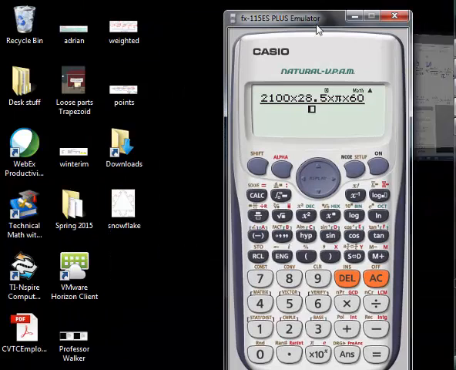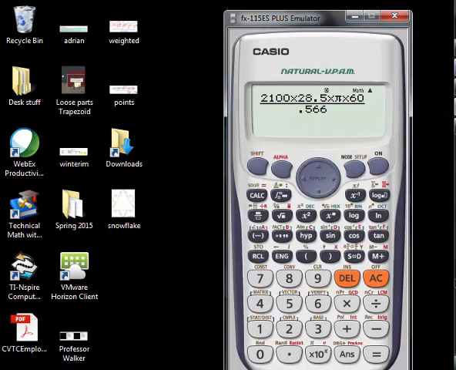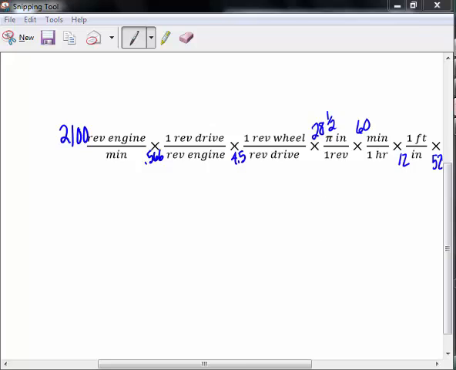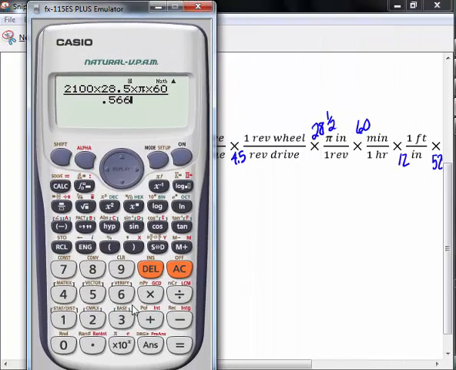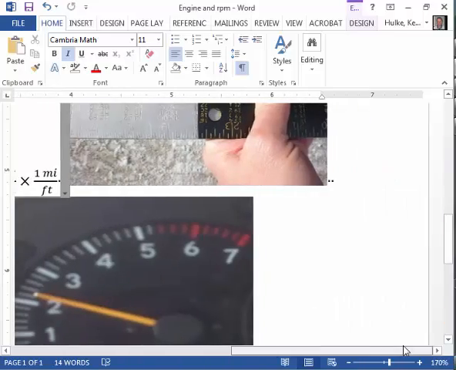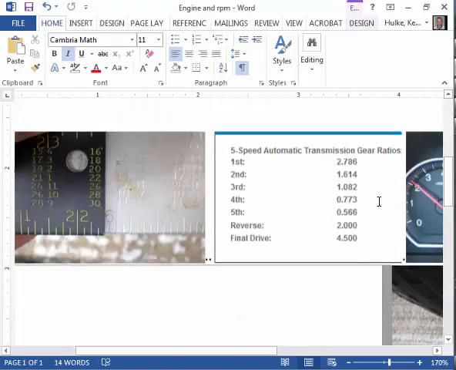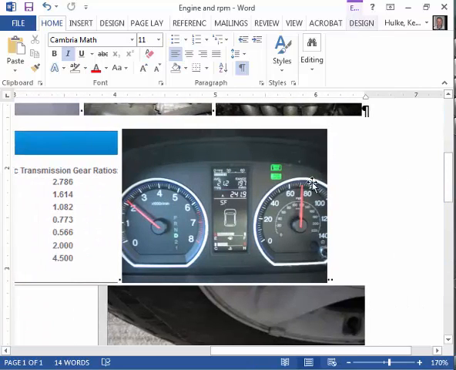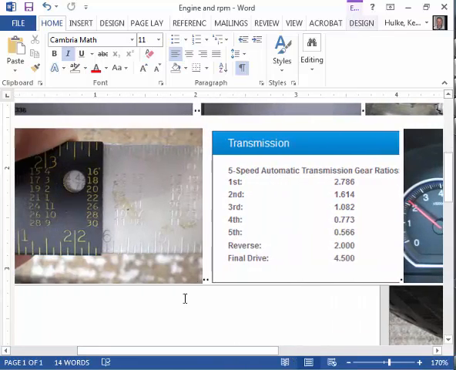In the denominator is 0.566 and 4.5 and 12 and 5,280. So when we press that, we come up with 69.9 miles per hour, which if you look at my screen here, it does appear that I was driving somewhere around that speed, around 69, 70 miles per hour. Okay, next one.